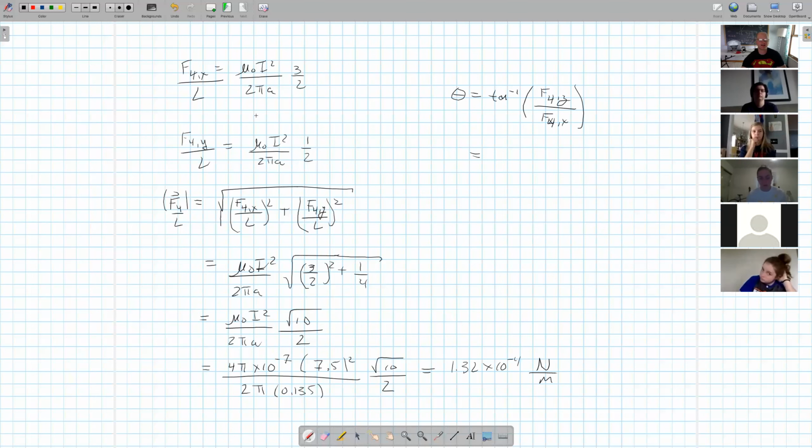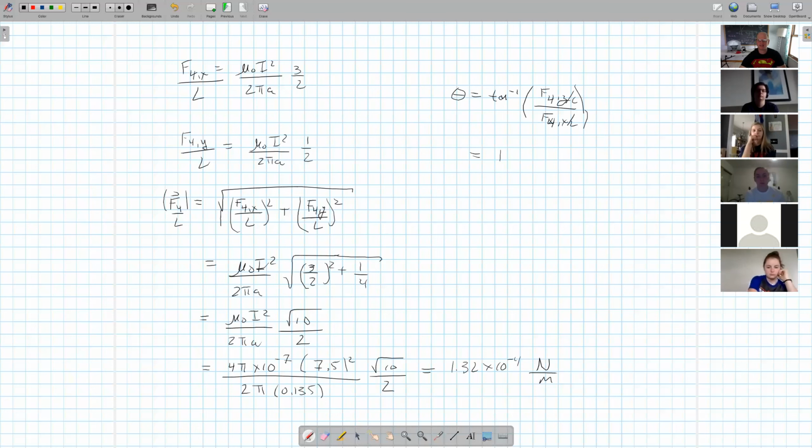So now when I take this and divide by this, over L, this term is the same as this term, so they're simply going to cancel.